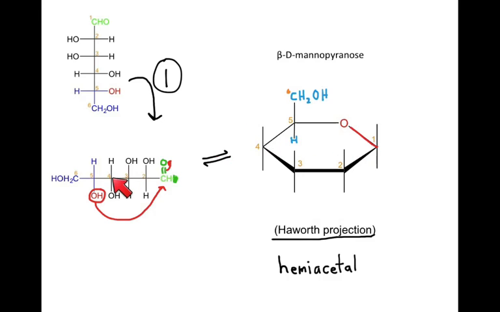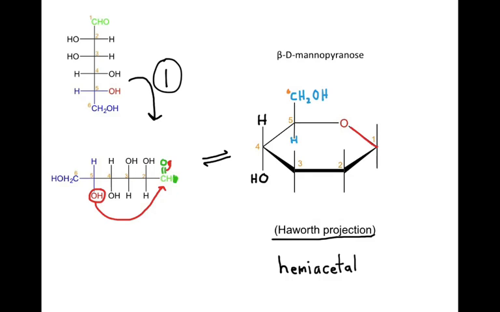So looking at carbon 4, it's attached to an H and an OH. The hydrogen is up, so the hydrogen is going to go up here. So that means that we have a hydrogen in black here from carbon 4, and therefore our OH is now down in carbon 4. Looking at carbon 3, here the OH is up.